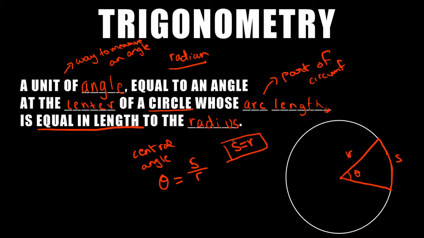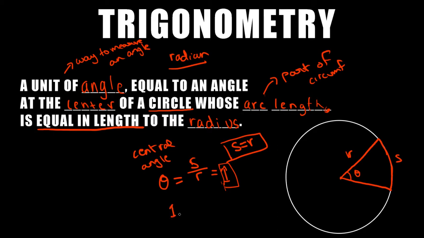Okay, so that's key. If S equals r, then S divided by r is going to equal 1, irrespective of what numbers there are. You could have like 64, 382, 16, whatever. But if these two are the same, the answer is just going to be 1. Okay, so this is the definition of 1 radian.